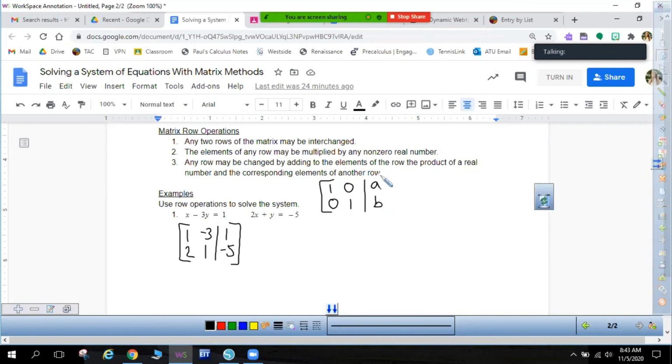It doesn't matter. So we want to change this matrix that we've written for number 1, and we want it to look like this. We want 1s and 0s, and then we don't care what these numbers are. That's why I just put A and B. So we're going to use these row operations to change this matrix so that it looks like this one.